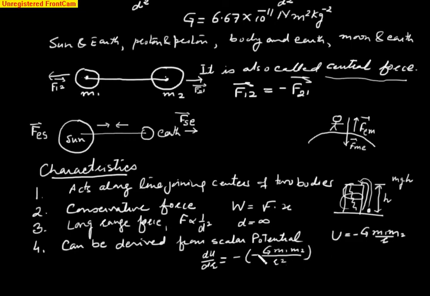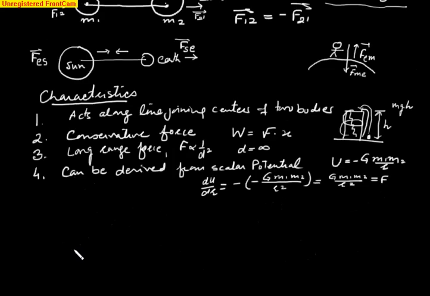That means this minus and that minus cancel, and it gives you G m1 m2 over r square, which is the gravitational force, and we can write it as F. So we have derived this force from this scalar potential. Therefore we say that central force can be derived from scalar potential.